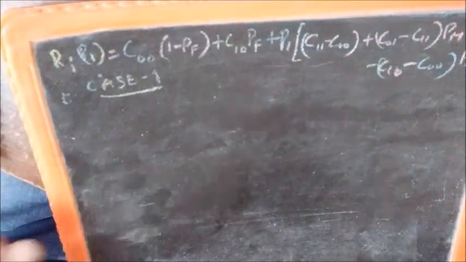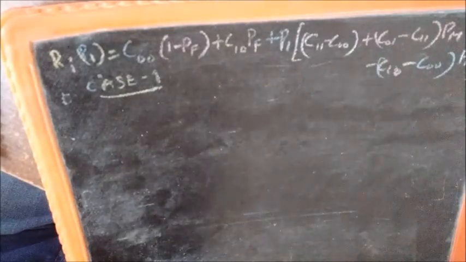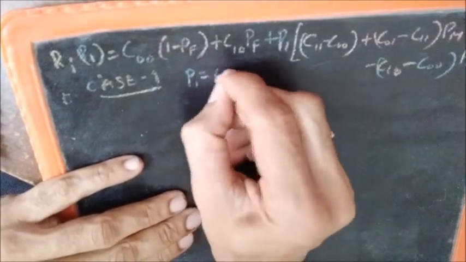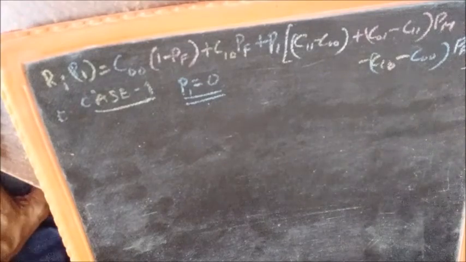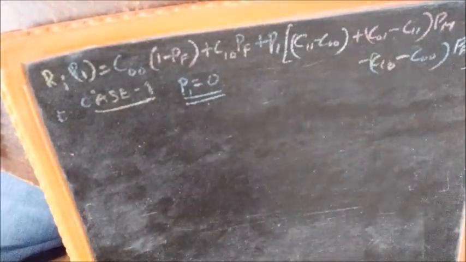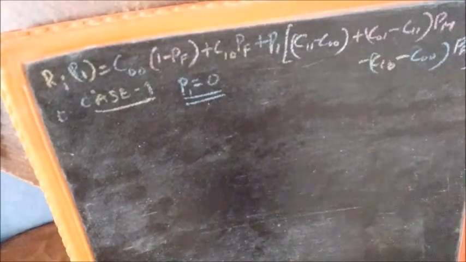So case 1. Remember you don't know P1 as well as P0, so let us assume that P1 is 0. So we are making an assumption, and then we will see. We will make various assumptions like this and see which is the best way to arrive at eta. Let us assume P1 is 0.